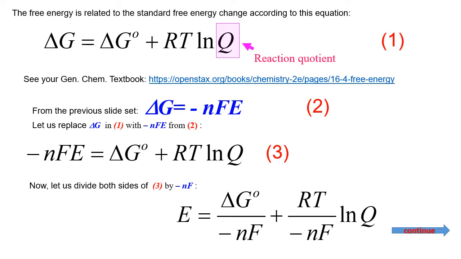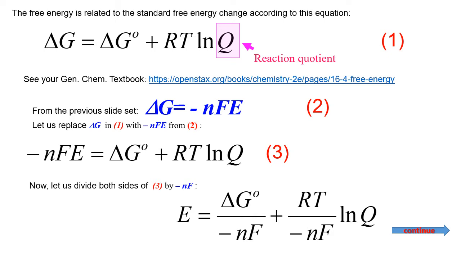Now, from the previous slide set, we learned that delta G for electrical processes is minus nFE. Let's replace delta G in equation 1 with minus nFE from equation 2.